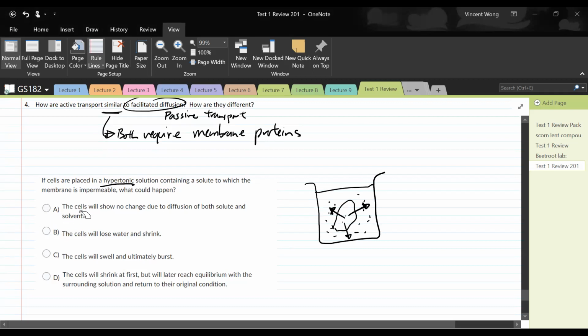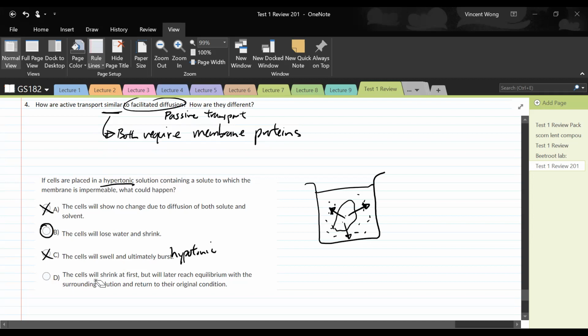So A, the cell will show no change due to diffusion of both. That's not true. The only time there is no change is if it's isotonic, right? The cell will lose water and shrink. Now that sounds promising. The cell will swell and ultimately burst. That's for hypotonic.